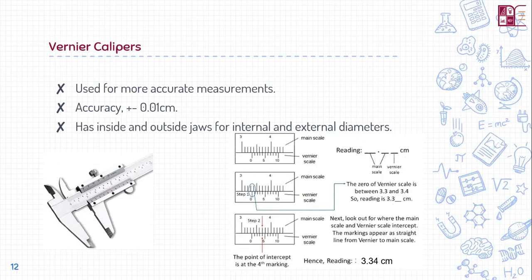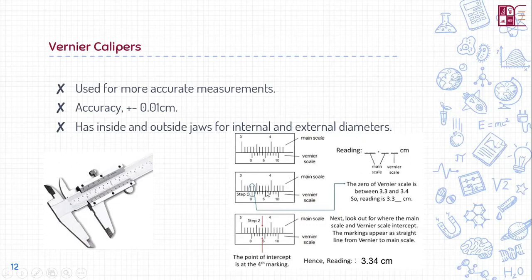So we're going to look at the main scale first. We're going to see where the 0 from the vernier scale starts. The line before that is your answer. So if it's between 3.3 and 3.4, you're going to take 3.3.